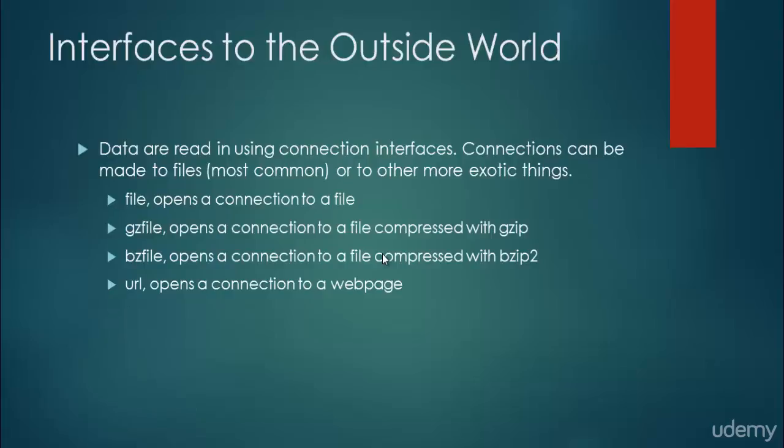Moving on, let's say you have taken your files which are saved in your local system. How can you take files which are available on websites all over the world? There are certain interfaces called connection interfaces.